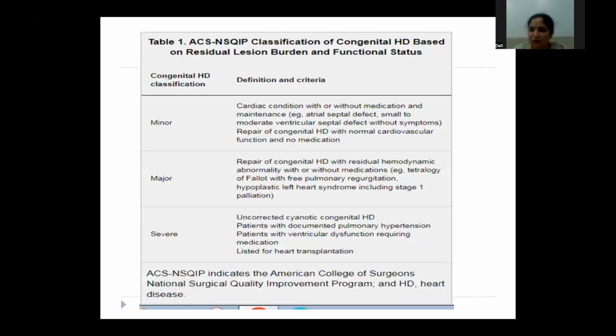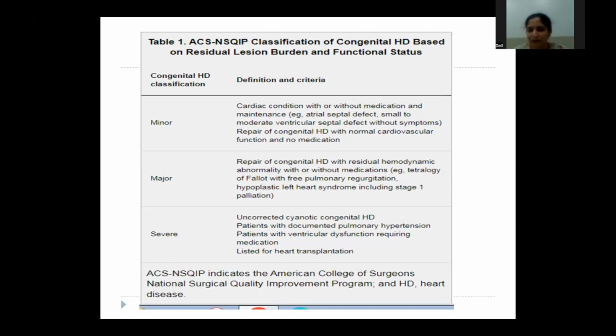The American College of Surgeons and the National Surgical Quality Improvement Program have divided these diseases into minor, major, and severe. ASD and small to moderate VSDs come under the minor category of congenital heart diseases. But the major congenital heart diseases are Tetralogy of Fallot with pulmonary regurgitation or hypoplastic left heart syndrome.